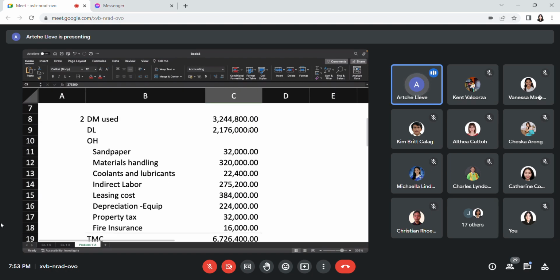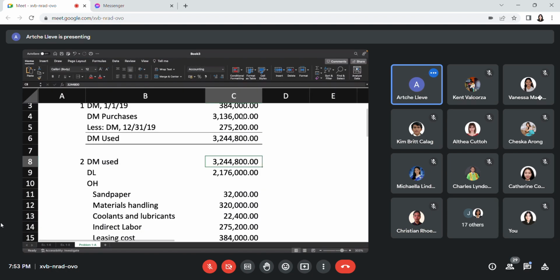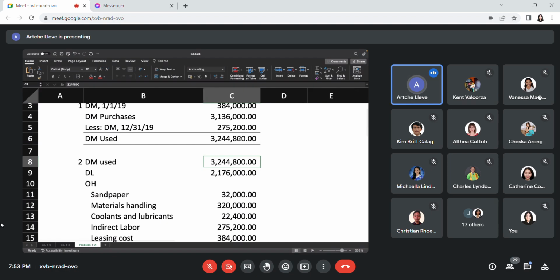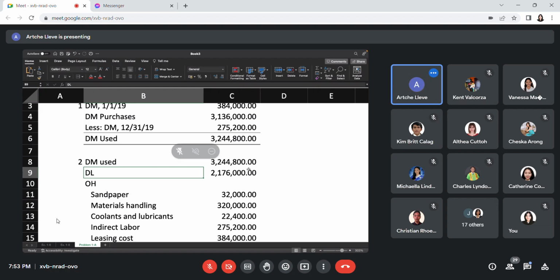The next question for problem 1-A is what manufacturing costs were added to work in process during 2019? We already have the direct materials used as confirmed from above, 3,244,800. You also have your direct labor, which is 2,176,000, the direct manufacturing labor.